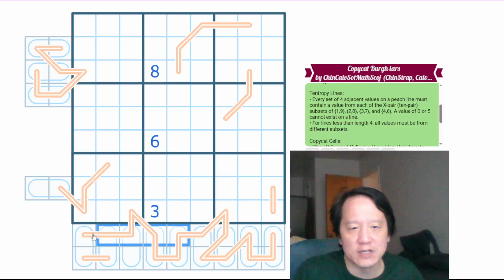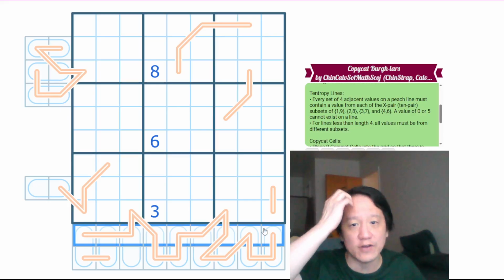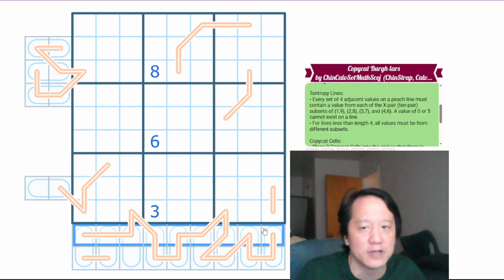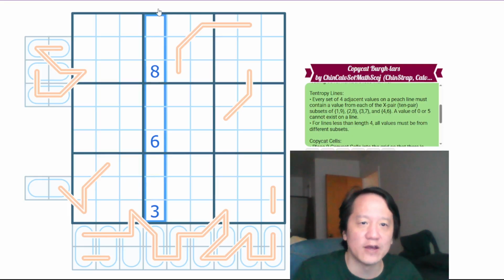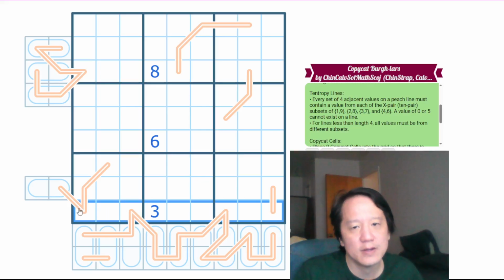That's why I was getting confused, because here we had all tens digits, none of which had a value of 0, because you can't have 0 or 5 as a value on a tentropy line. And a 9 would necessarily have the ninth digit be outside the grid, so it'd just be the sum of itself.